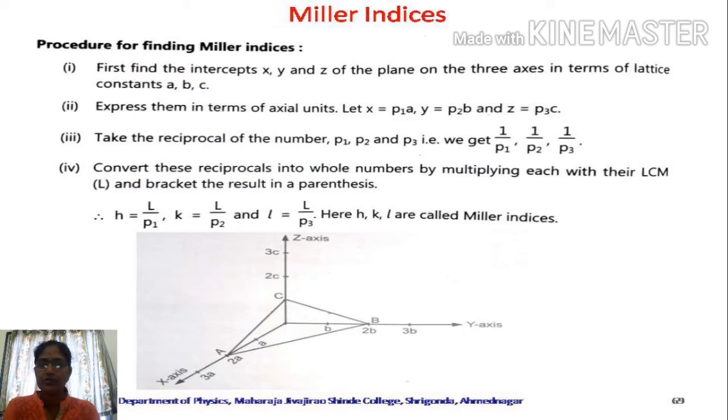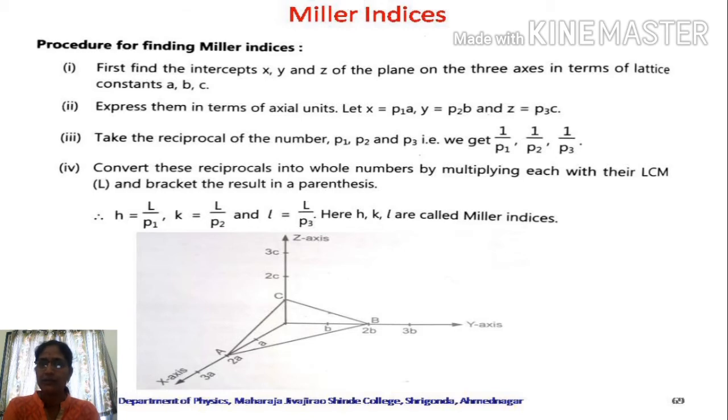There is a procedure to find the Miller index of a given plane. In order to find the Miller index of a given plane, one should first find the intercepts made by the plane on three axes. That is, you have to first find the intercepts x, y, z of the plane on the three axes in terms of lattice constants a, b, c.